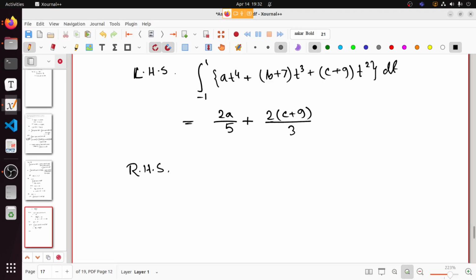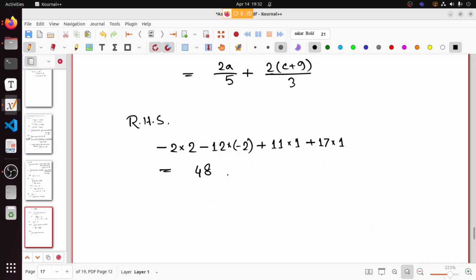RHS will be minus 2 times p dash 1. So it is minus 2, p dash 1 will be 2, minus 12 times p dash minus 1, it will be basically minus 2, plus 11 times p of 1, it is 1, plus 17 times p of minus 1, it is again 1. So if you calculate this, you will get 48.